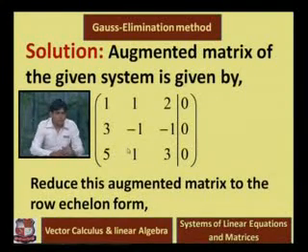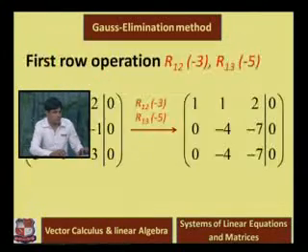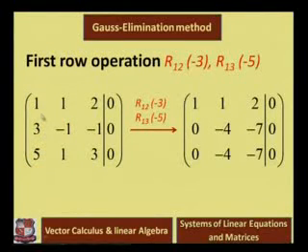And we aim to reduce this matrix into the row echelon form. For that we proceed. Notice this matrix: the top row, first element is 1, and we do not need to convert that element to a leading one because we already have the 1.